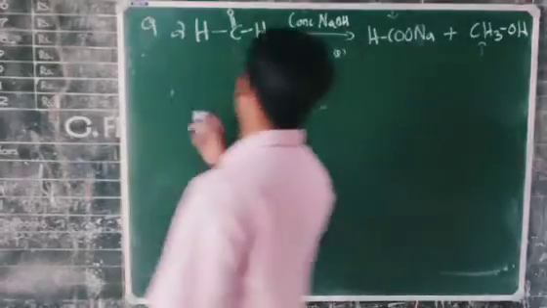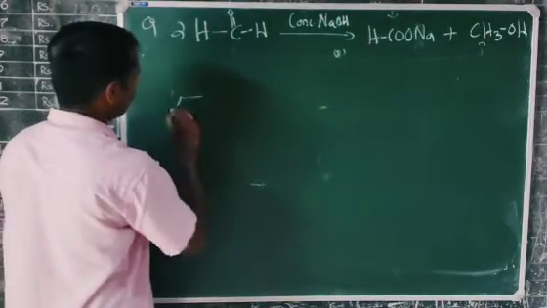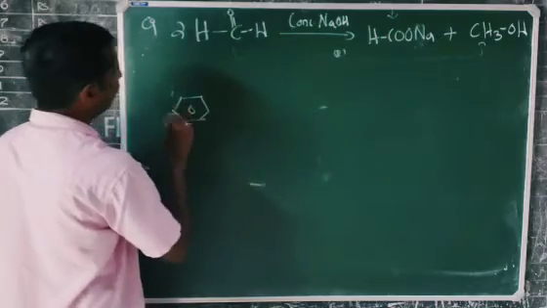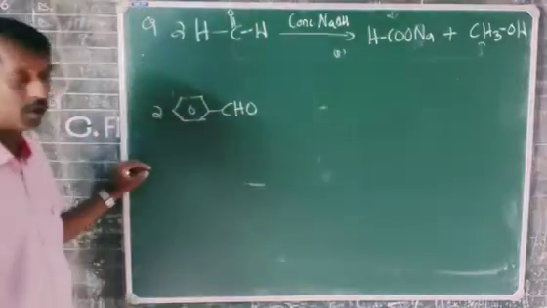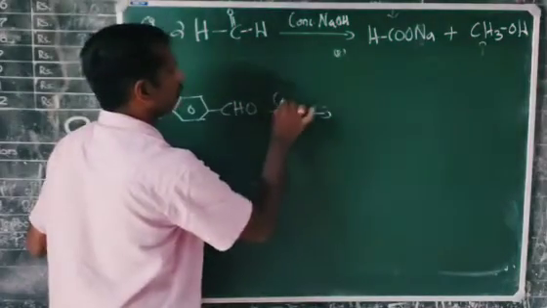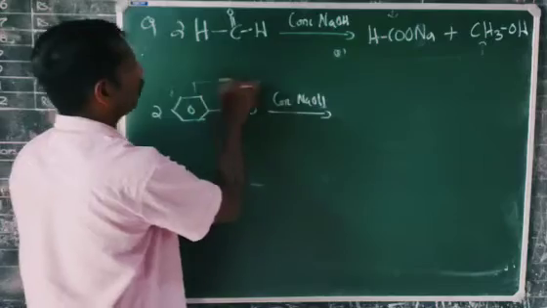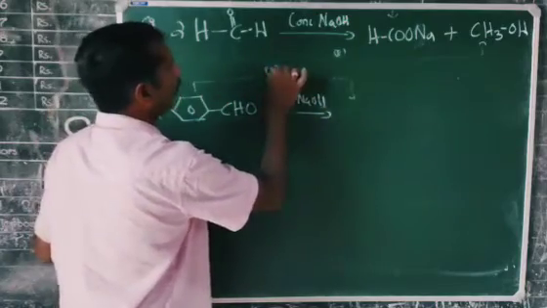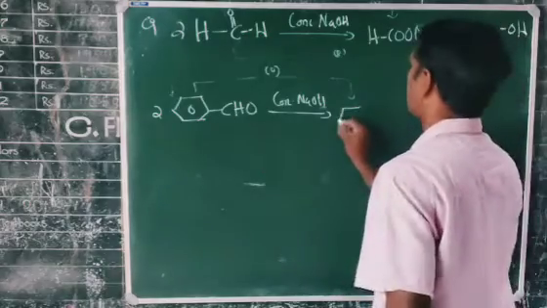Clear? Similarly, another aldehyde which does not have alpha hydrogen is benzaldehyde, C6H5CHO. Of course, you need two molecules, and in presence of concentrated NaOH, one molecule will undergo oxidation, and benzaldehyde will change into benzoic acid.